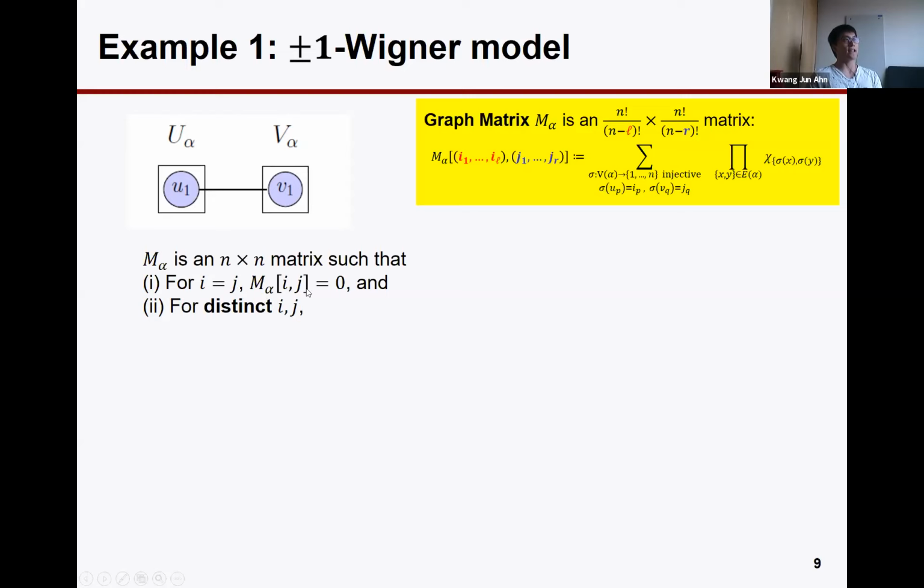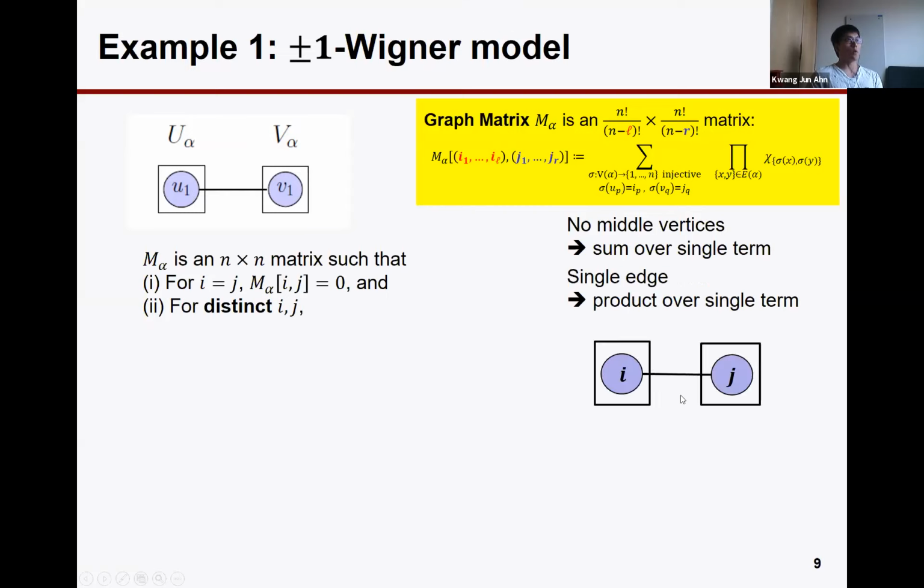So the entry corresponding to that will be a summation over nothing, which is 0. But for distinct i and j, u will be mapped to i and v will be mapped to j. So what we have is this realized shape, and the entry will be equal to the edge variable corresponding to ij.